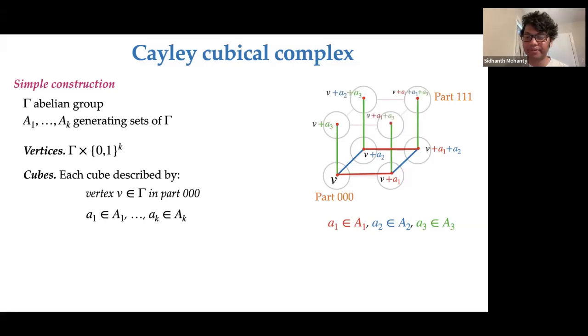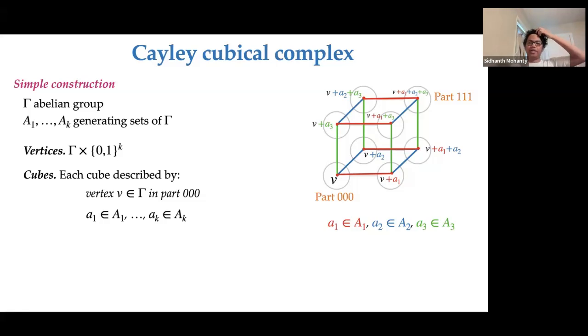Okay, now in direction 3, namely, you toggle the third bit, and you go up, you basically go from V to V plus A3, or V plus A2 to V plus A2 plus A3, and so on. And actually, it turns out, due to abelianness, you get a complete cube just by drawing the remaining red and blue edges.